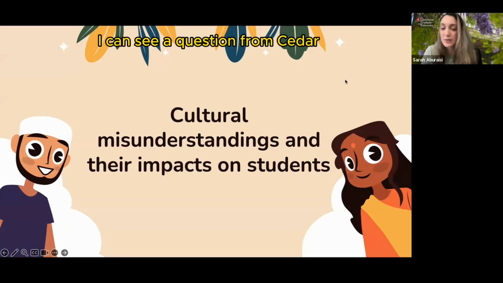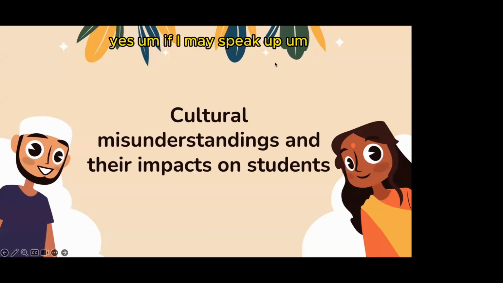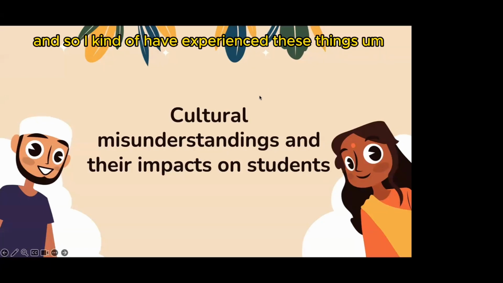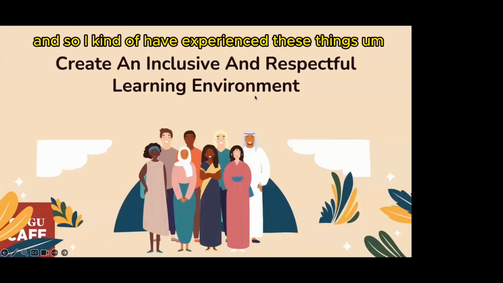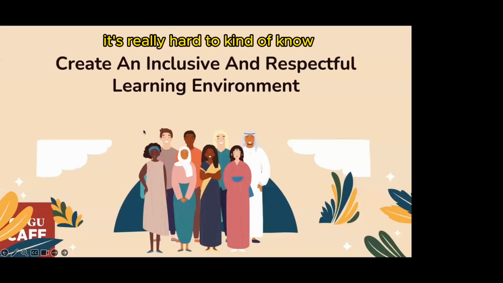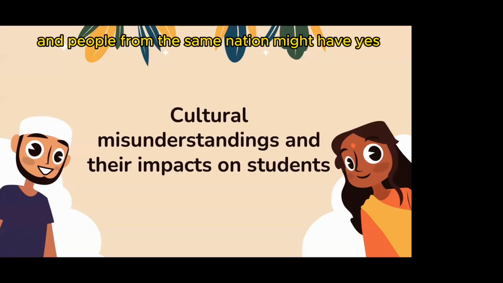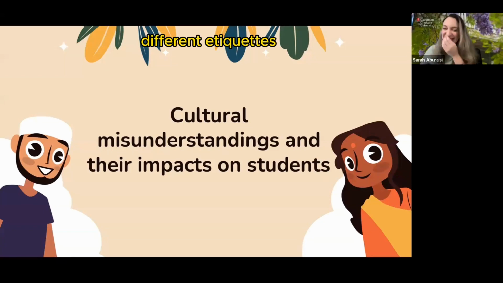I can see another question from Saida. Yes, if I may speak up, sorry, I have been an international student myself, and so I have experienced these things. It's really hard to know etiquettes of different parts of the world, because, as Sarah said, it's not fixed in stone, and people from the same nation might have different etiquettes.